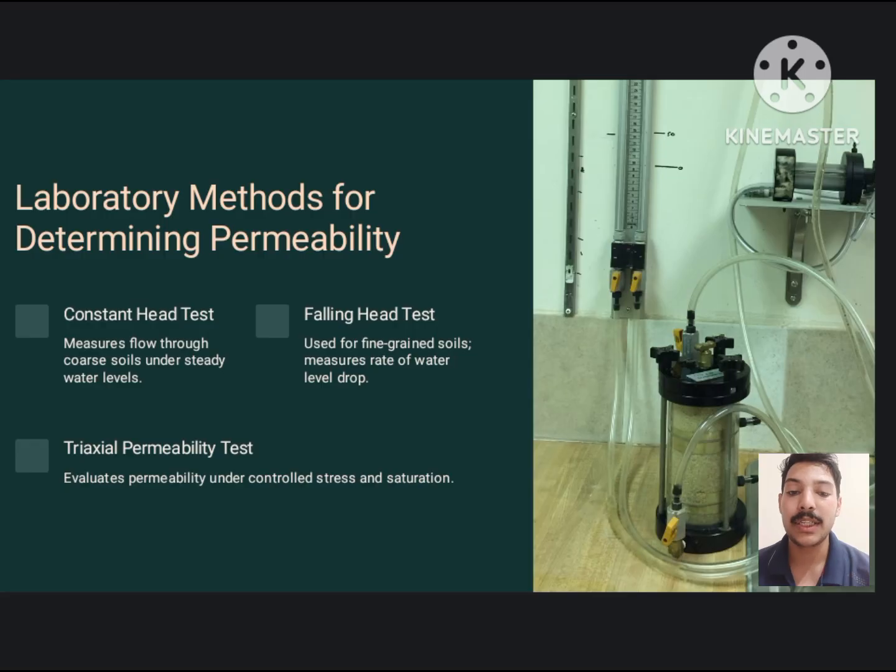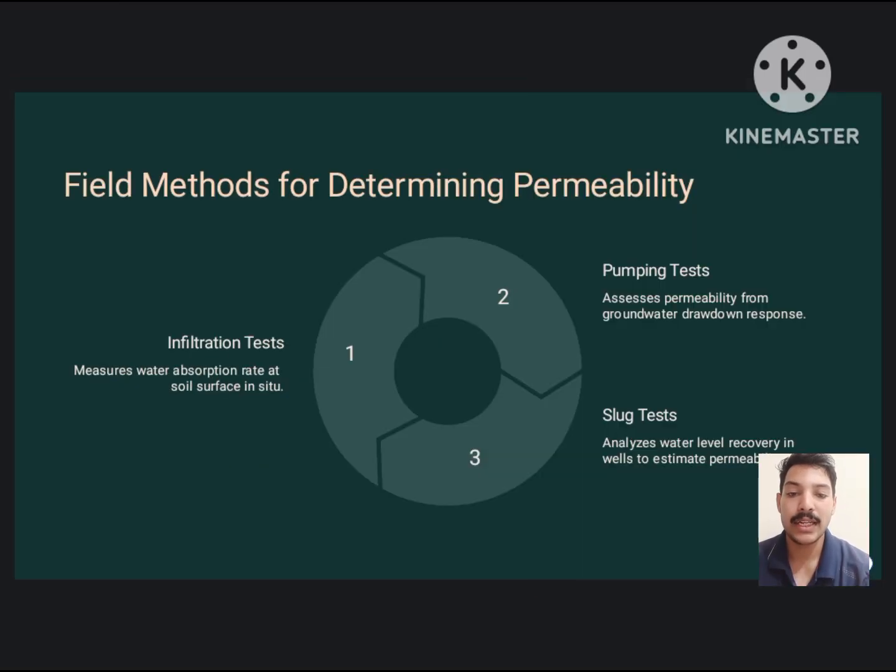Field methods are also included, though I have not mentioned them, so I can quickly revise that. In real world conditions, field tests are more accurate. A common method is the pumping test. Water is pumped from a well and the flow rate is observed. Also the percolation test, used mainly for drainage and septic design, determining permeability.